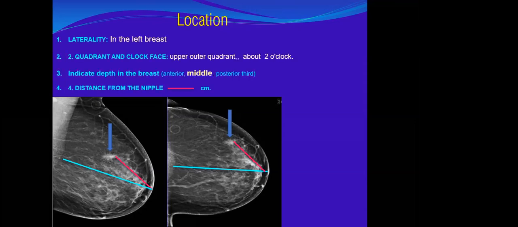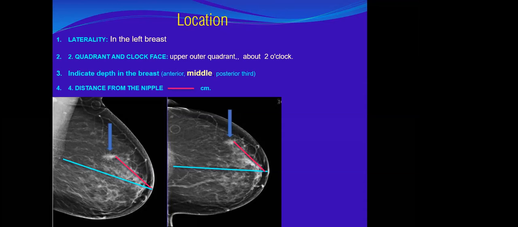With the clock position, it is within 2 o'clock position. Excellent. And it is within the middle of the breast. Yes. Okay, you are right.